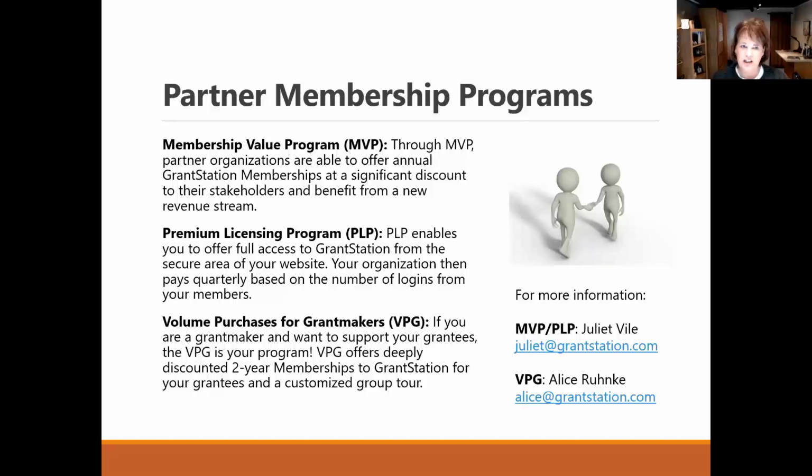You as the organization, as the MVP leader, would get $37 of that $95, and GrantStation would get the remaining $58. It's a great tool for you to have a little bit of an earned income stream for your nonprofit or for-profit, and it provides a real value add for your stakeholders, your clients or your partners to get it at such a discounted rate.